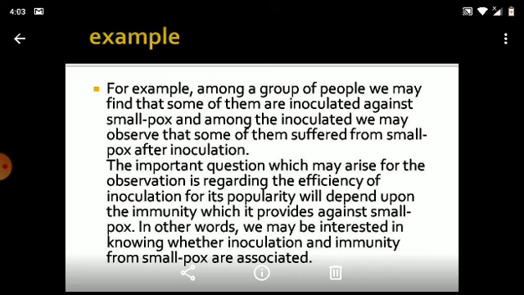If we want to discover whether there is a relationship between inoculation and immunity from smallpox, we have to move to the testing of attributes and we have to use a contingency table for proper solution and for proper execution.